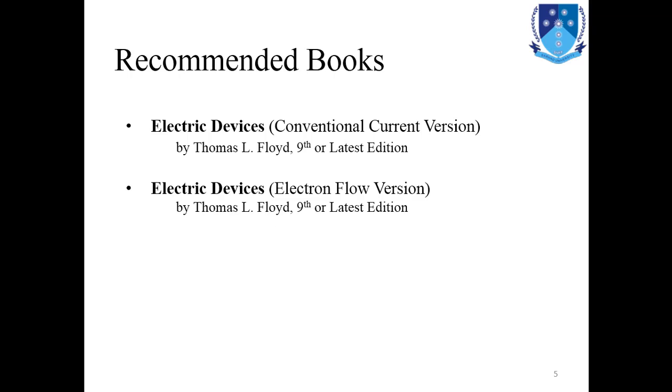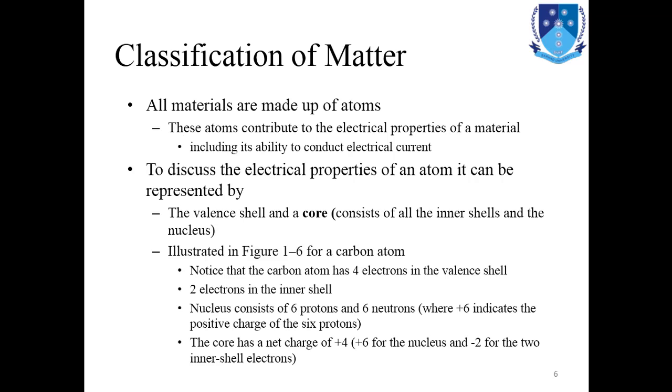Remember that Electronic Devices is available in two versions, that is the conventional current version and the electron flow version. Major contents of our course are from Electronic Devices, conventional current version. So, starting our lecture with classification of matter.